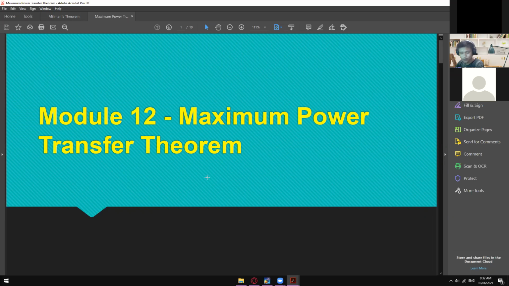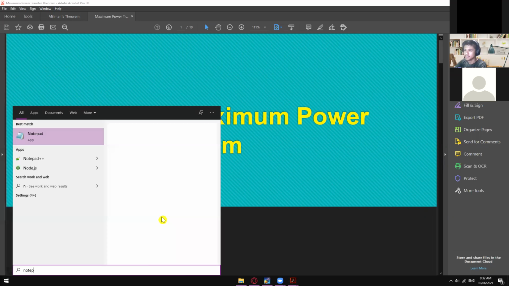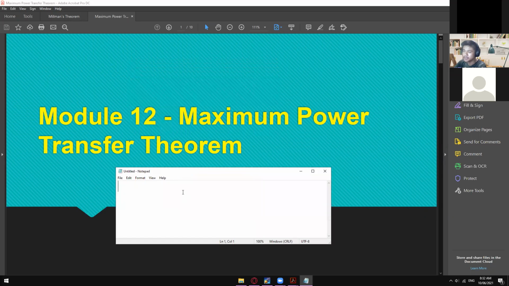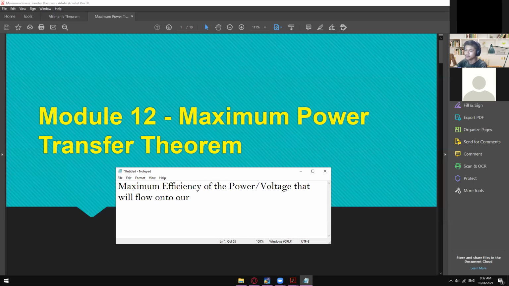All right, so to make it short, from the word itself, we are actually solving for the maximum efficiency of the power or of the voltage that will flow into our load resistor. Again, this load resistor right here could be any appliance.